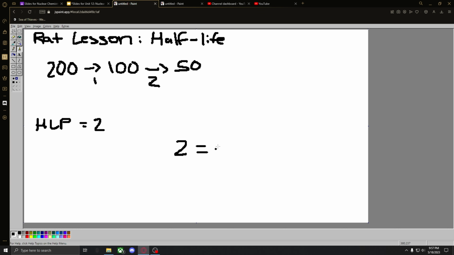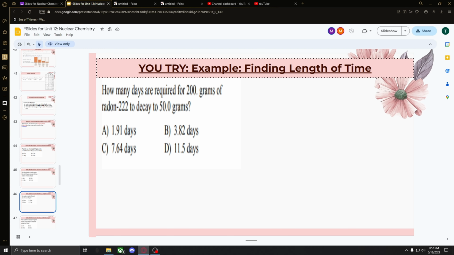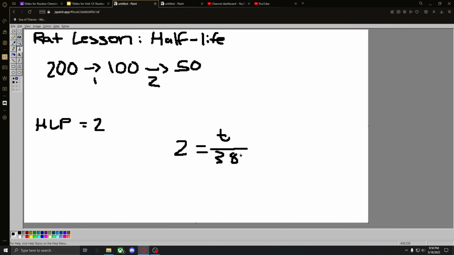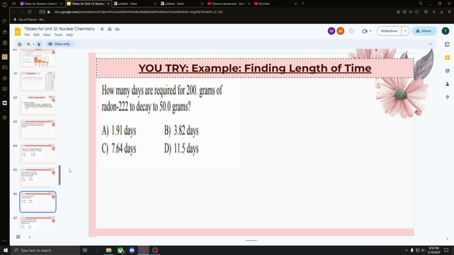So 2 is equal to time over the half-life of radon-222. We look on Table N: it's 3.823. Cross multiply again: 3.823 times 2 gets 7.646, equal to T. And that would be C.